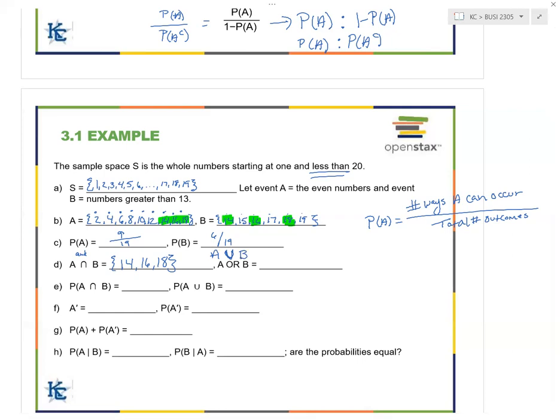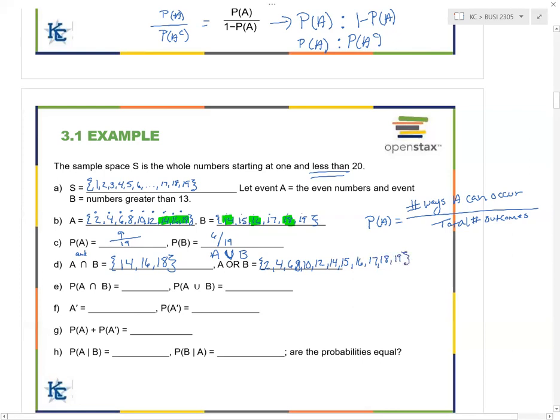So A or B is going to be any number that's in either of these, but you don't have to list any numbers twice. So that would be 2, 4, 6, 8, 10, 12, 14, 15, 16, 17, 18, 19.